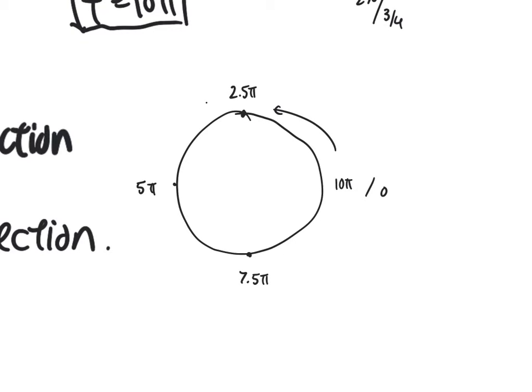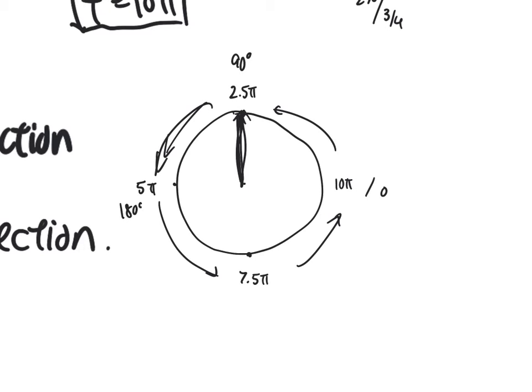We go this way. Now, if 10 pi was here, that means after a quarter period, which is our 90 degrees, this will go to 180 degrees from positive x.